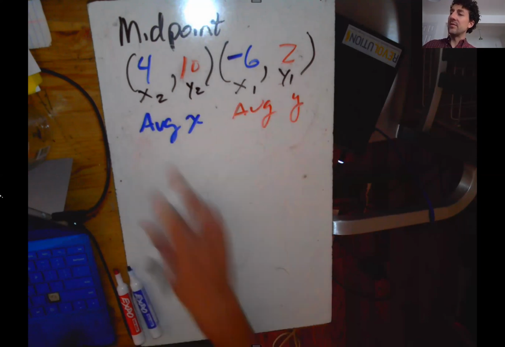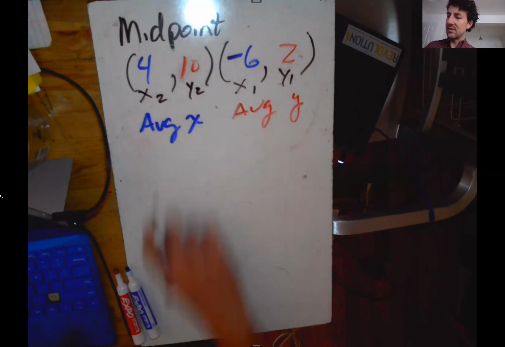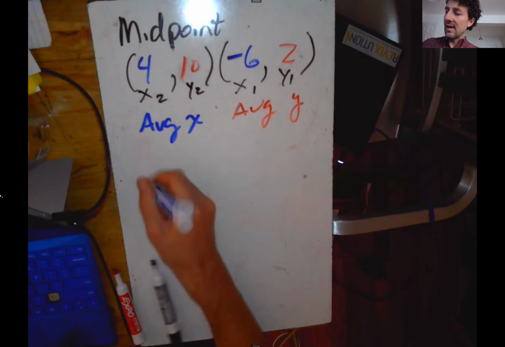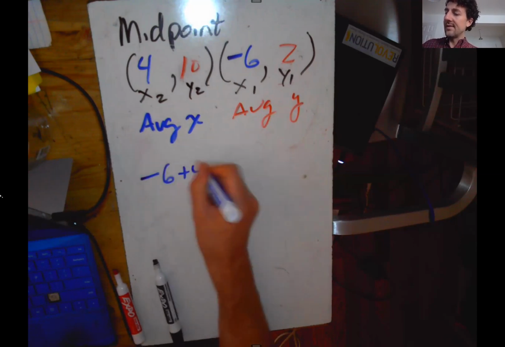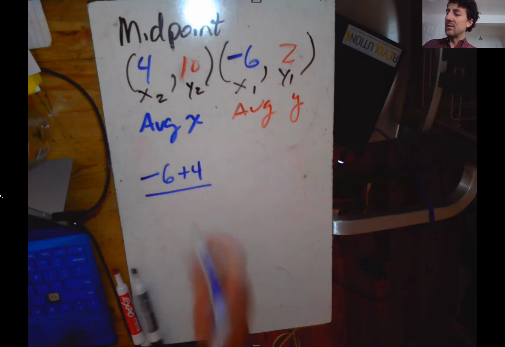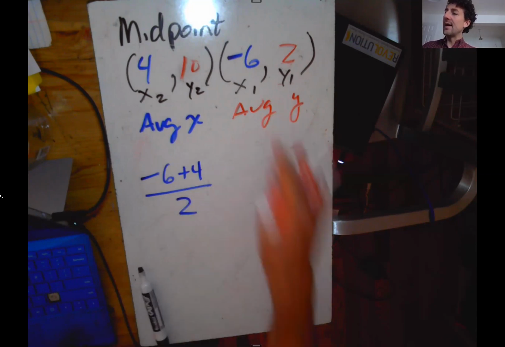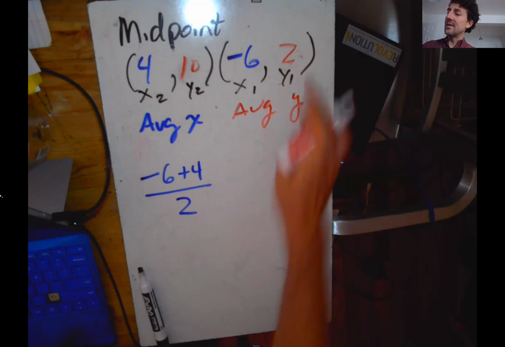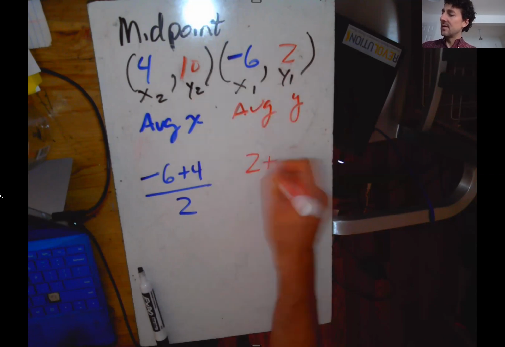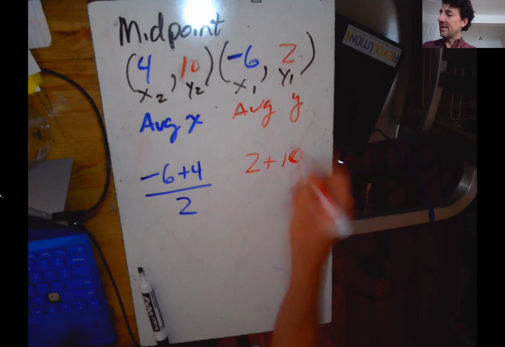So to find the average of x, I'll add my two x values, -6 plus 4, and then divide by 2. And to find my average of y, I will add 2 and 10, and then divide by 2.